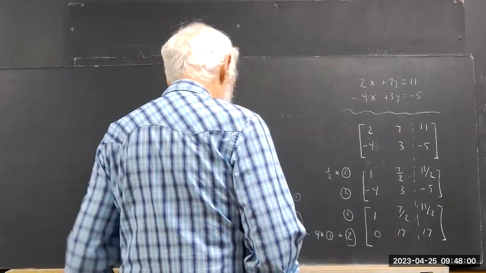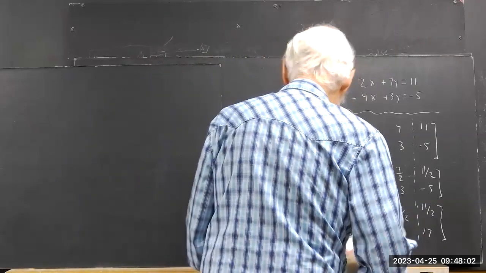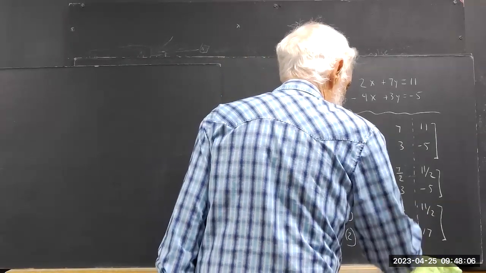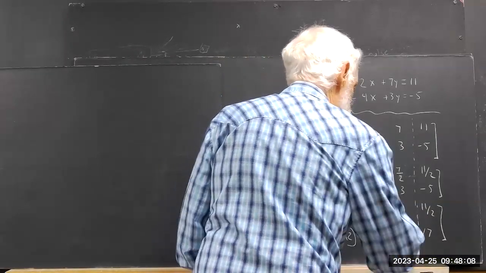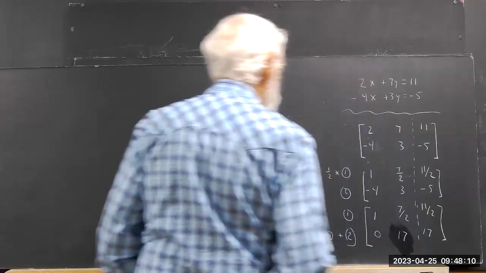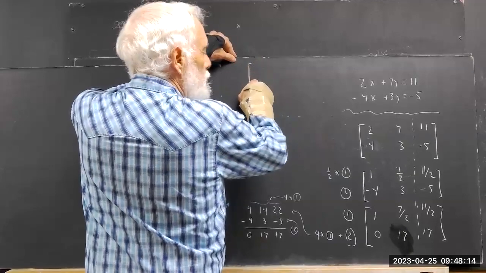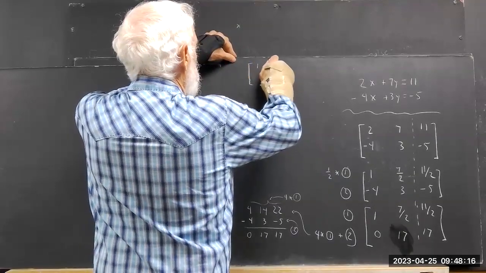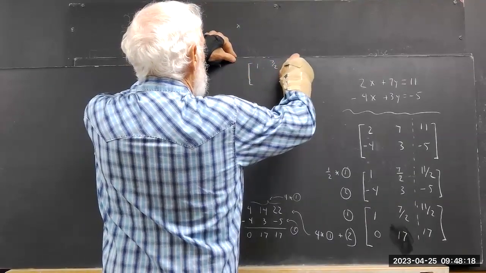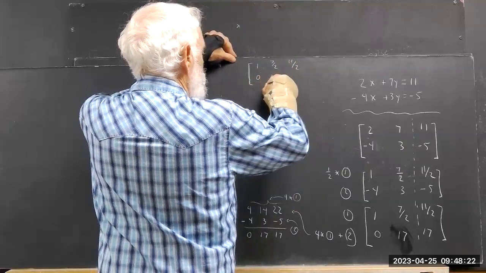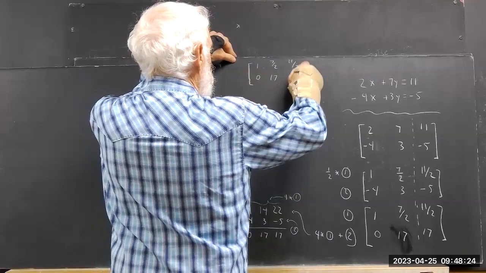Badly written. So let's improve it a little bit. Now I'm going to bring that same matrix up here just so we can always look up. See, we got 1, 7 halves, 11 halves, 0, 17, 17.